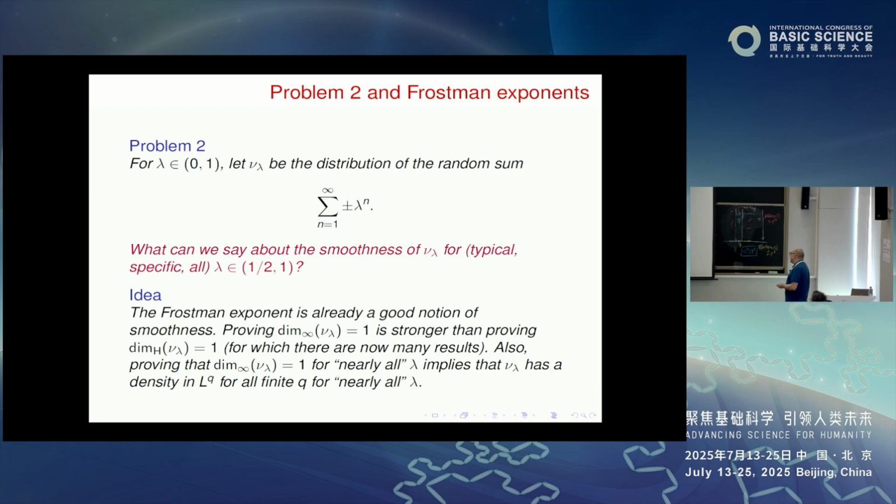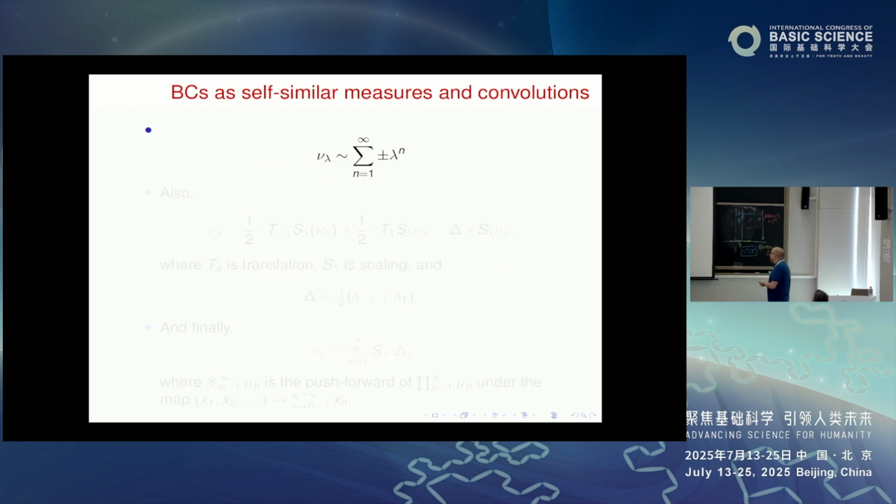Also, there are methods that allow us to pass from full dimension or full Frostman exponent to absolute continuity. If the information we know to begin with is full Hausdorff dimension, we just get qualitative absolute continuity. But if the information we start with is full Frostman exponent, the outcome we get is not just absolute continuity, but absolute continuity with a density that is in every L^q space for all finite q. I'm going to come back to this later.